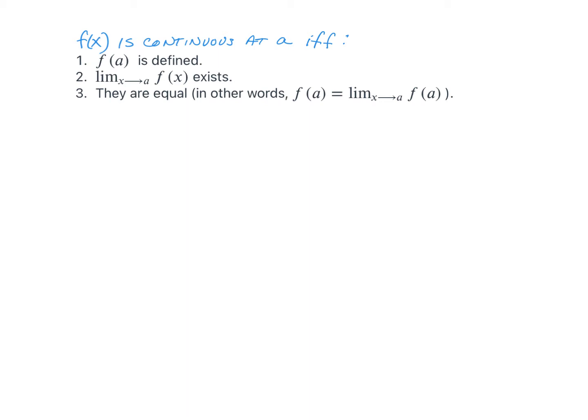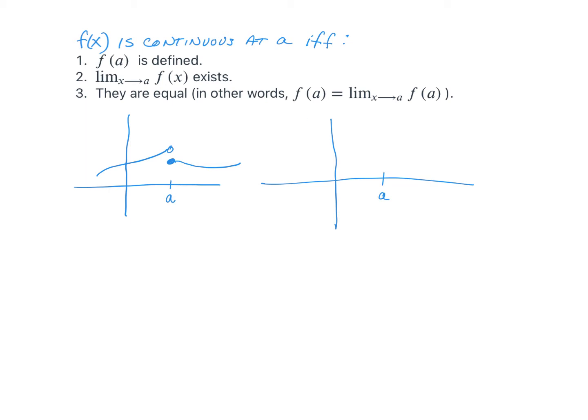So I'm going to draw a few pictures and look at a couple of scenarios. Here's a point A, and let's say the graph looks something like this. Here's another scenario. Here's A, and let's say the graph looks like this.